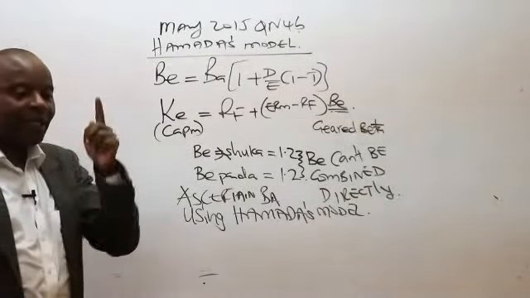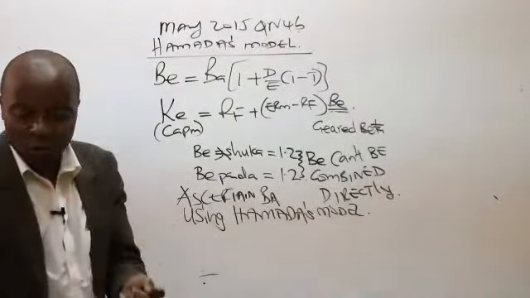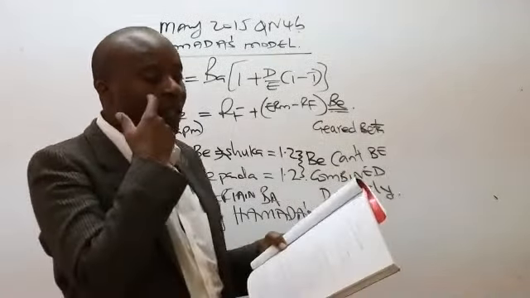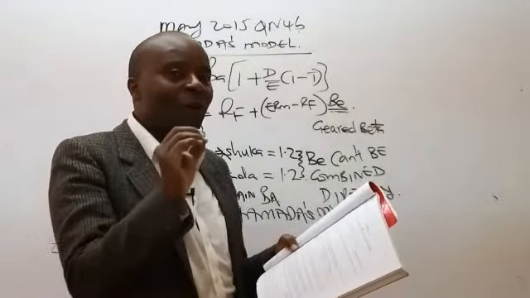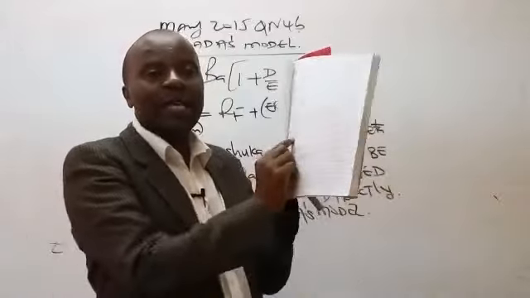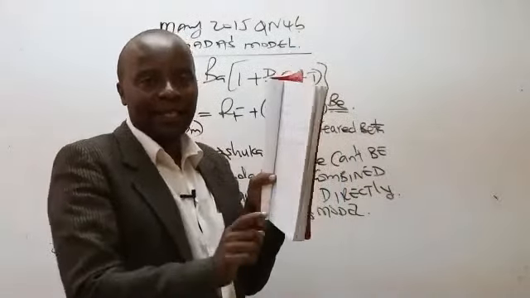But this examiner was a good examiner. He knew that very many students would not be in a position of ascertaining beta assets for each company. So he went ahead and gave us beta assets.